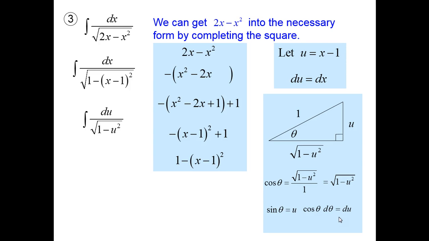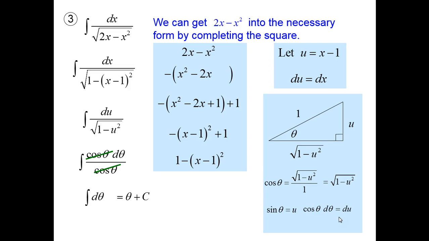So if we go back to our integrand and make the appropriate substitution, the numerator becomes cosine theta d theta, and the denominator just becomes cosine theta. So simplifying out the cosines, we just have the integral of d theta, which of course is just theta plus c.